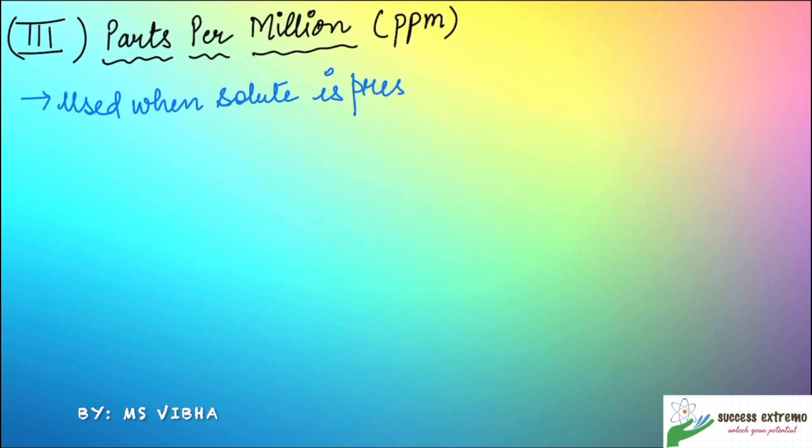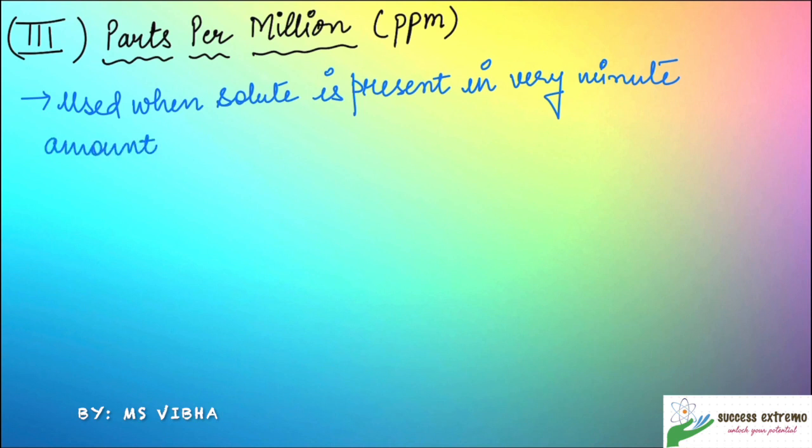The third way for expressing the concentration of solution is parts per million, that is ppm, and this type is used when solute is present in very minute amount, or we can say in trace quantity, in the solvent.